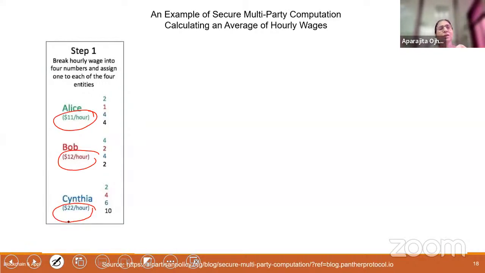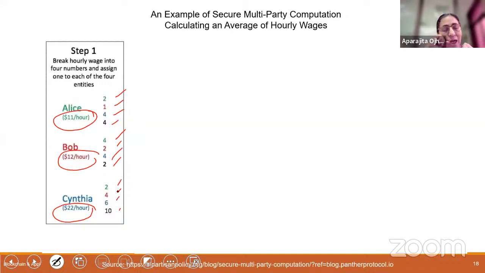What they will do is break hourly wages into 4 segments. Like here, 11 is fragmented into 2, 1, 4, and 4, so 8 and 3, 11. Similarly, Bob fragments his salary randomly into 4 segments, 4, 2, 4, 2, so you can see that this is $12. And similarly, Cynthia will also fragment into 2, 4, 6, and 10.